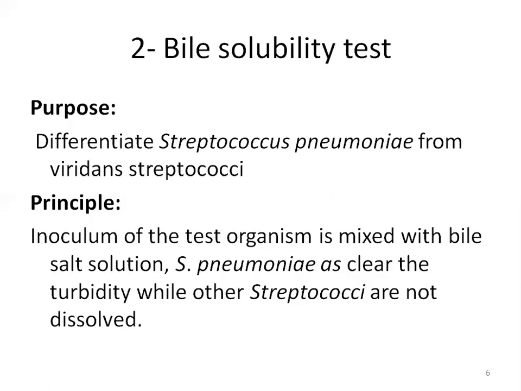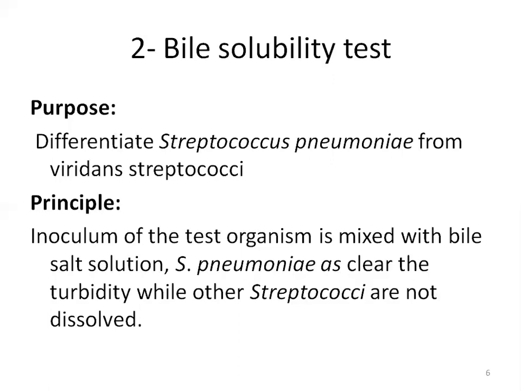A heavy inoculum of the test organism is mixed with the bile salt solution, and this solution dissolves the Streptococcus pneumoniae by clearing the turbidity within 10 to 15 minutes, and the viridans and other streptococci species are not dissolved, and therefore there is no clearing of the turbidity. So this is the principle of this test.